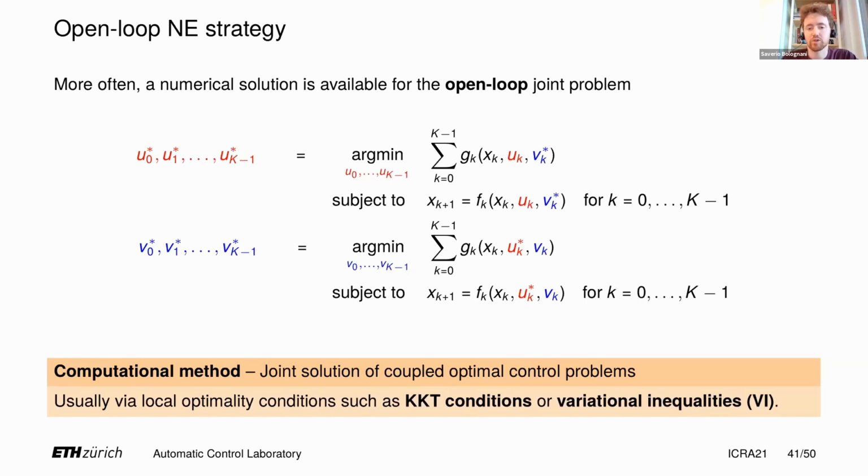Most of these problems are not convex to begin with, so you can apply some local optimality condition in the form of variational inequalities, something like you find a u star and v star that, in the unconstrained case, zero some gradients at the point u star, v star.